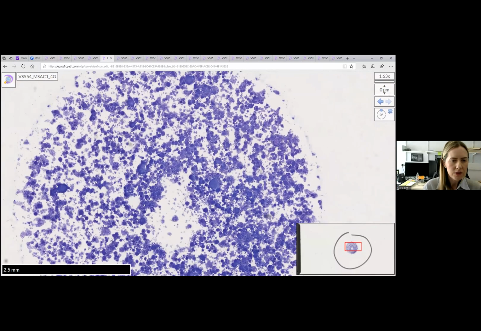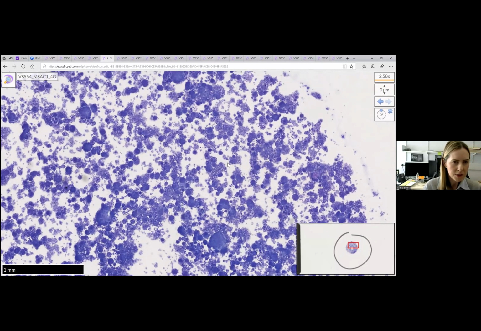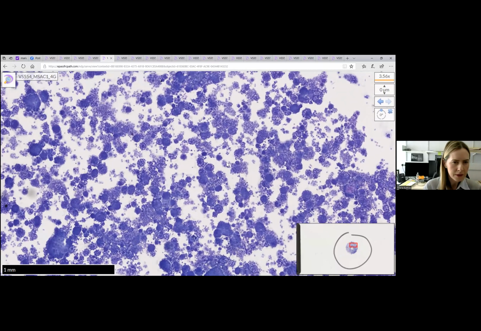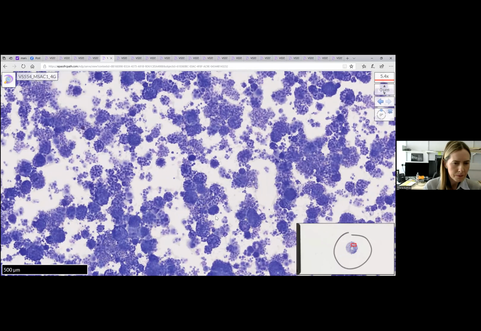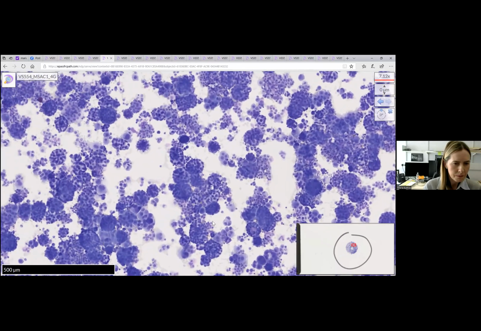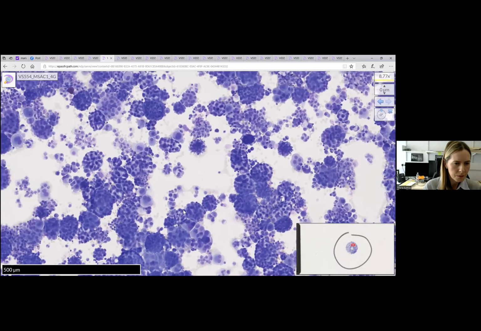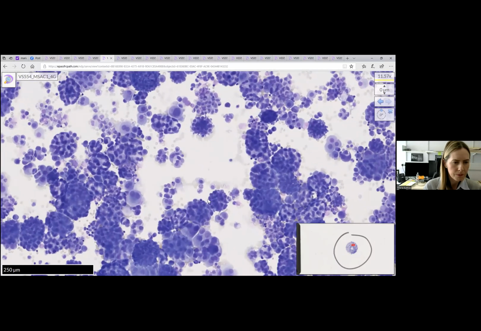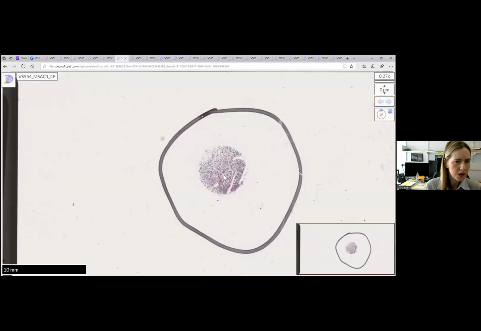And then I'll zoom in on certain features to try and identify the cellular constituents of this pleural fluid. I'll just bring you onto the PAP.